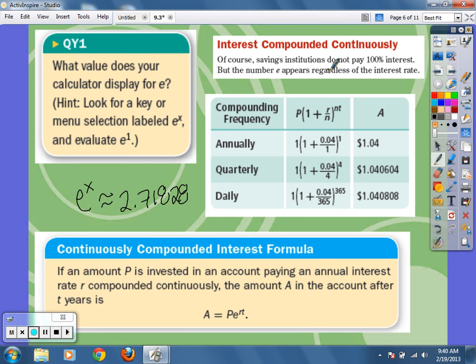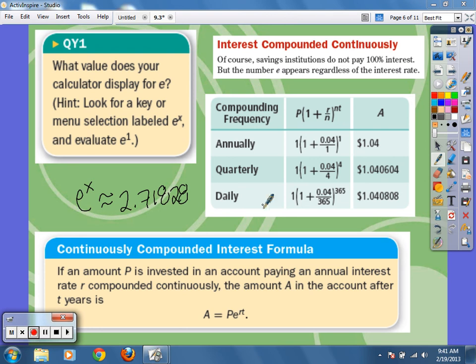This is true. Savings institutions do not pay 100% interest rate. That was ridiculous to think of. But the number e appears regardless of that interest rate, okay? If I type in this 0.04 for 4% interest rate, you still, the more times compounding, it is cutting off here, if you will, okay?